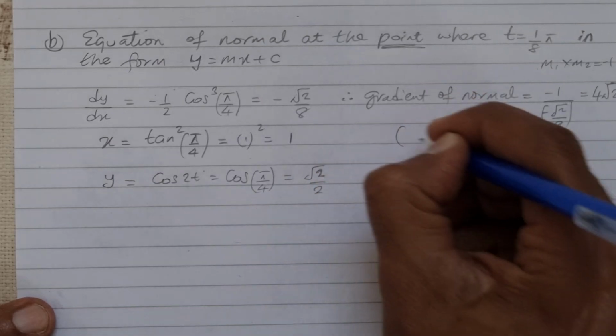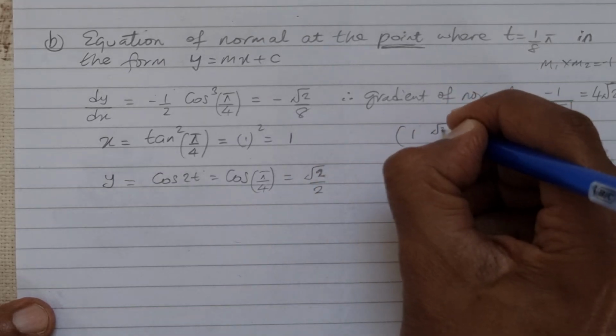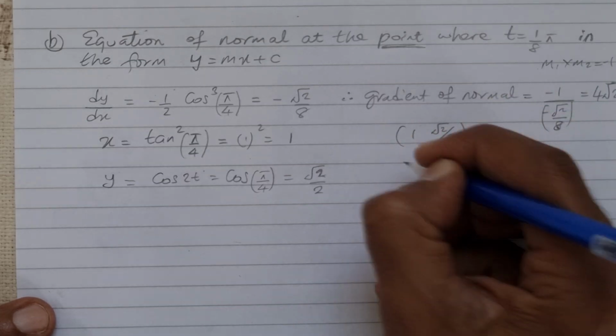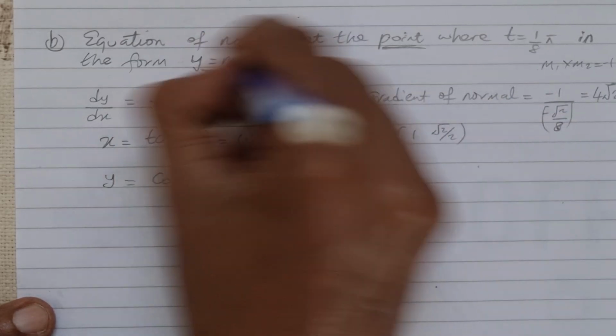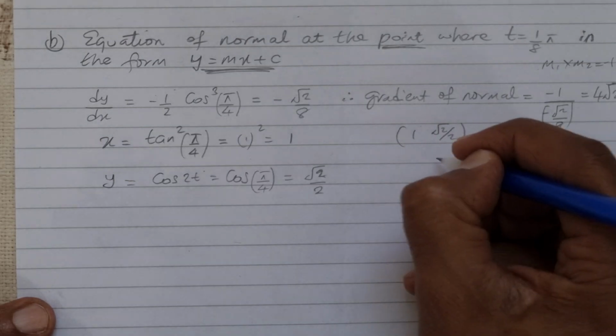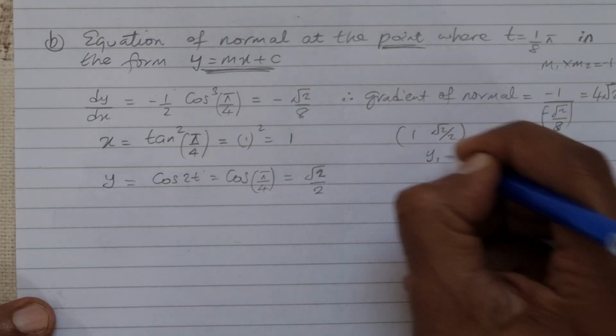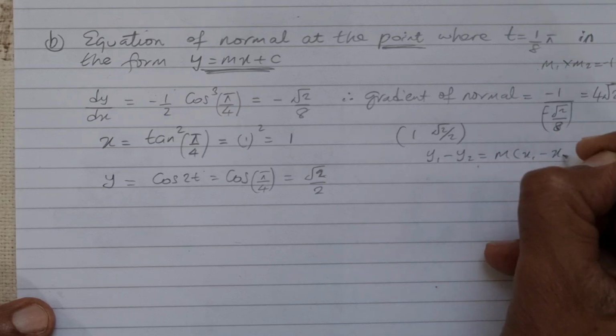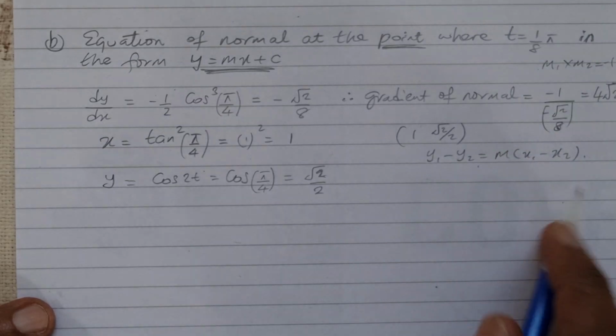Now that we've got our coordinate, we can easily find the equation. The equation of the line should be given in the form y is equal to mx plus c. And so we have y minus y1 is equal to m into x minus x1. So I'm going to be using this.